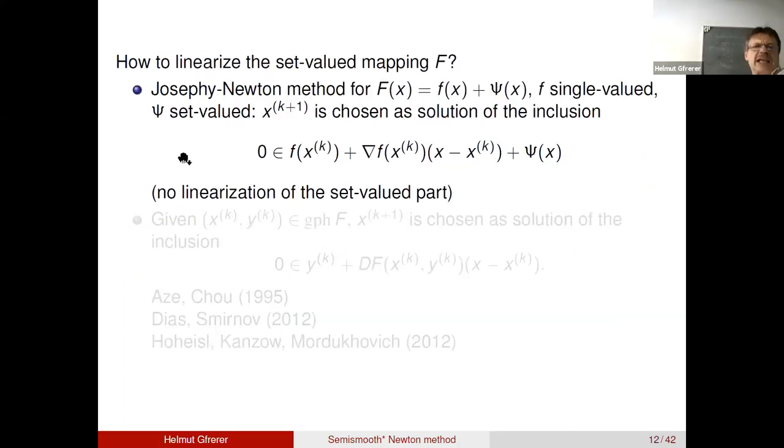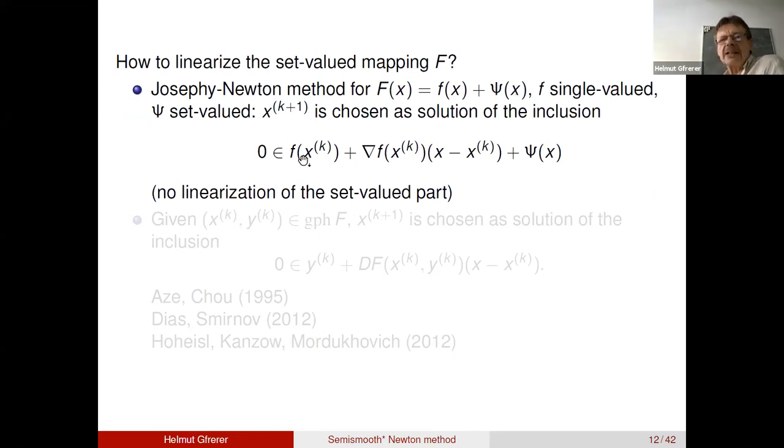Okay, now how can we use these generalized derivatives to linearize our set-valued mapping F? Consider for instance the Josephy-Newton method, where you can split the mapping F into a single-valued part and a set-valued part.